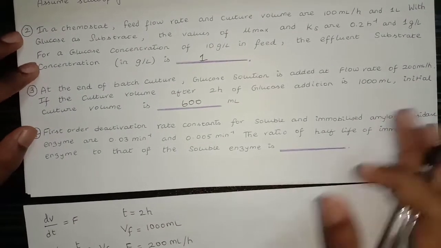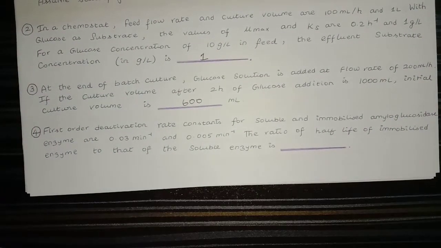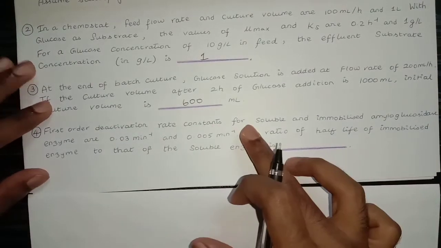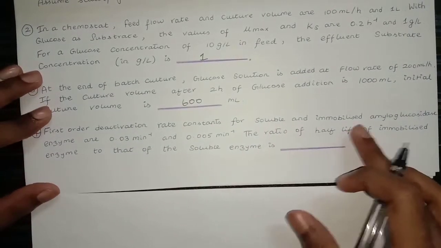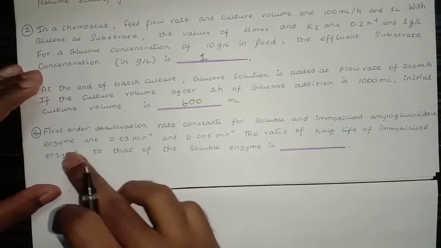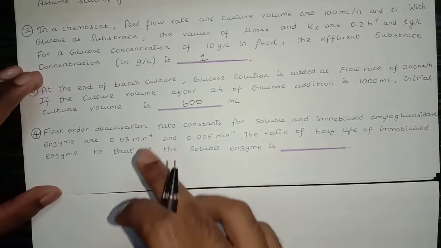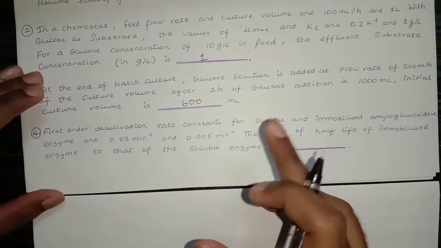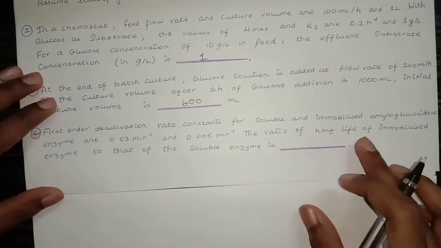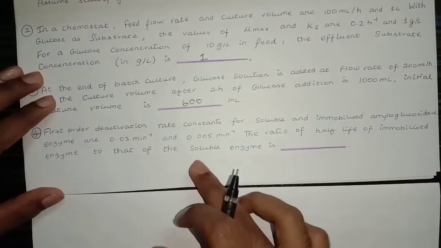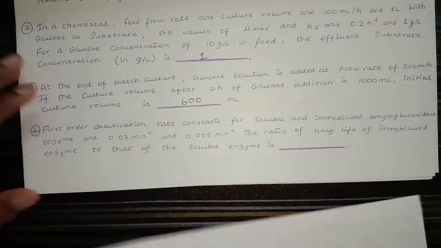So the final question, question 4. The first order deactivation rate constants for soluble and immobilized aminoglycosidase enzyme are 0.03 per minute and 0.005 per minute. The ratio of half-life of immobilized enzyme to that of the soluble enzyme is dash.